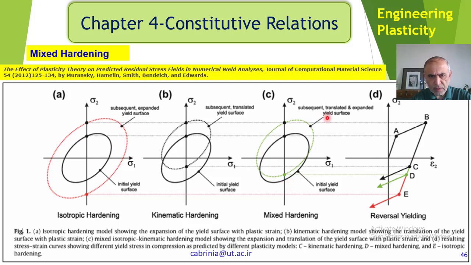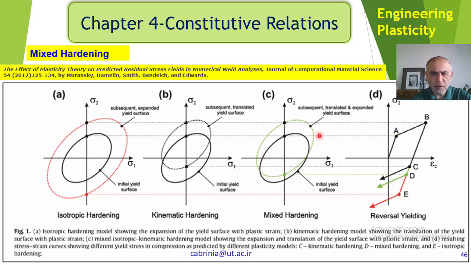But the interesting thing shown here is a comparison of these three cases with this loading and unloading that we have here. As you can see, that's the elastic part, that's the plastic part. It's shown here as a linear plastic. So that's the yield point.